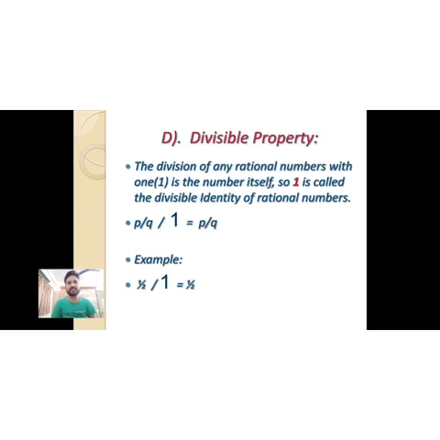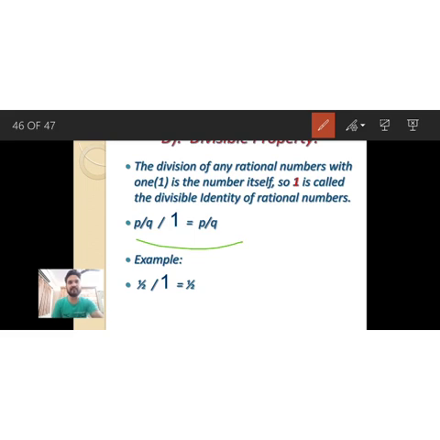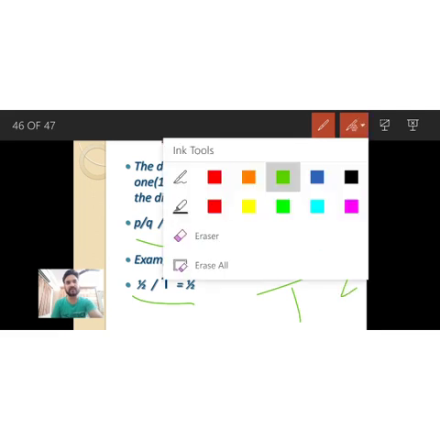And the fourth one, the divisible property. The division of any rational number by 1 is the number itself, which means if we divide any rational number by 1, there is no change in the number. So 1 is called the divisible identity of a rational number. Here p by q divided by 1, the answer is p by q. 1 by 2 divided by 1, the answer is 1 by 2.